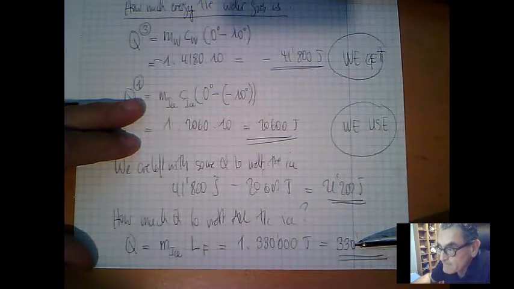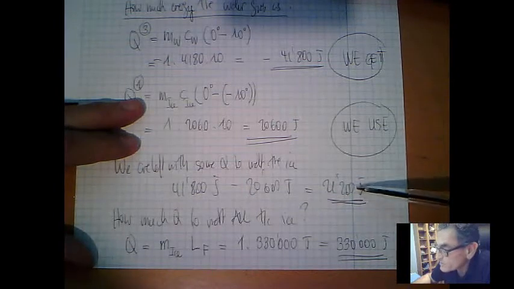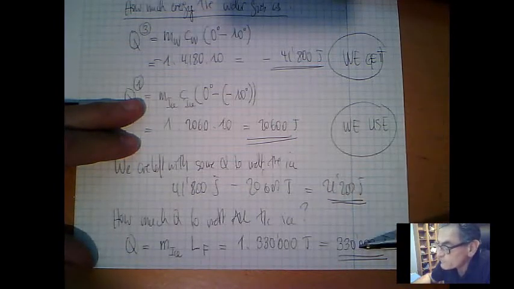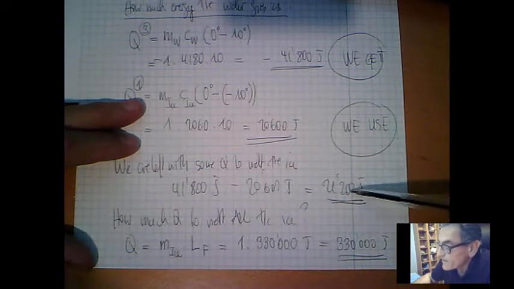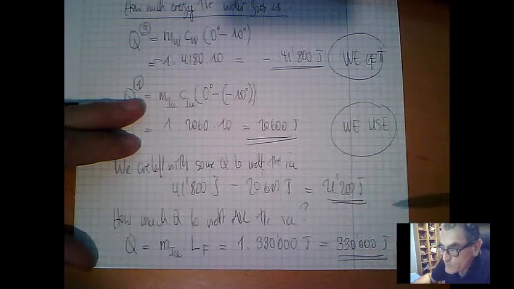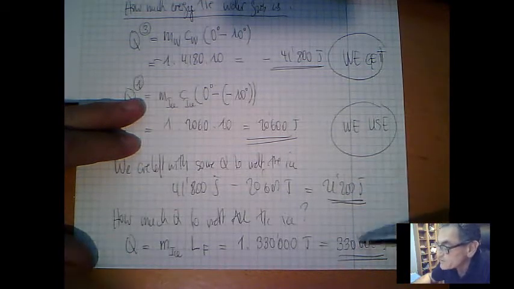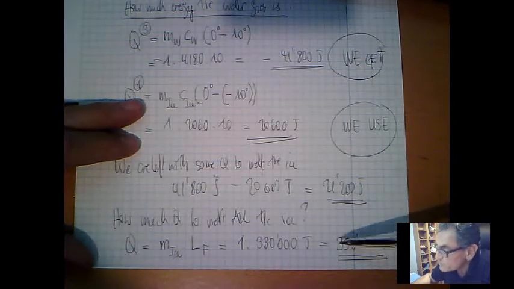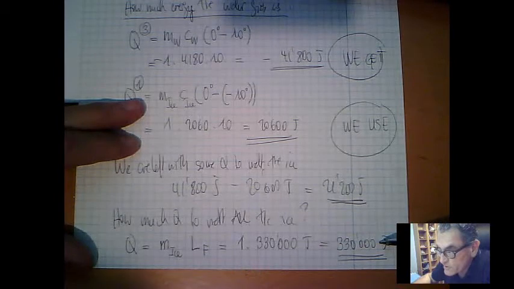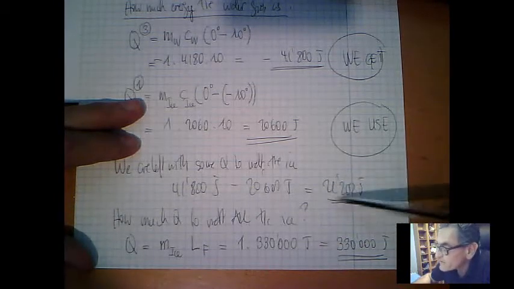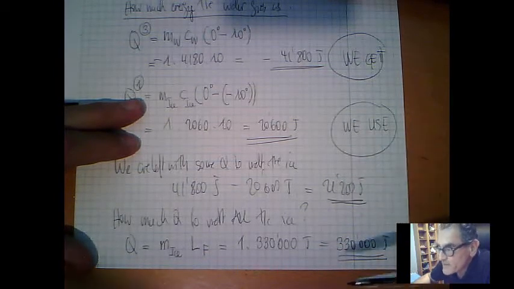Okay? You understand? If here I had half of that, I would melt half the ice. If here I had 1/4 of that, I would melt 1/4 of the ice. Here I don't even melt 1/10 of the ice, because I don't even have 1/10 of the energy which I need to melt all the ice. I have like 8% maybe.